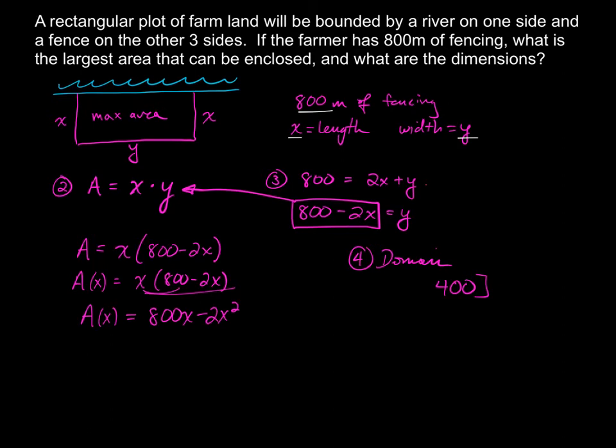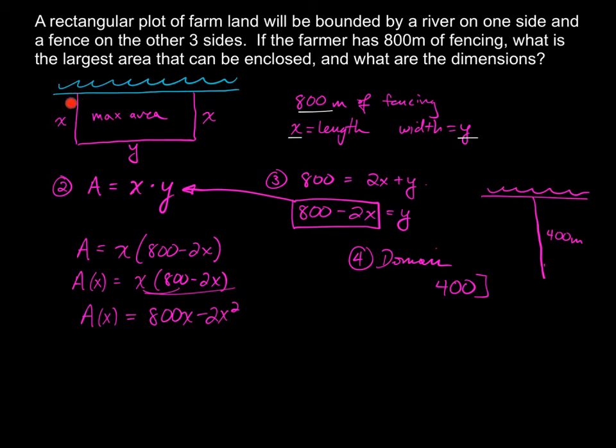And the smallest, not that this would be very useful, like 400 meters, the picture would look something like this. You just have, like here's the river again, and you just have these 2 fences coming out here, 400 meters long. There's no area, it's just a line. The other thing we could do is we could try to make x equal to 0, right?